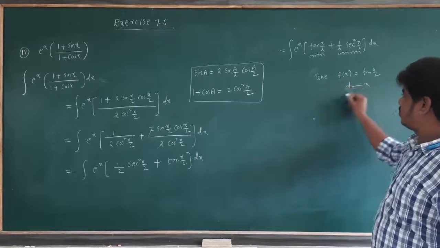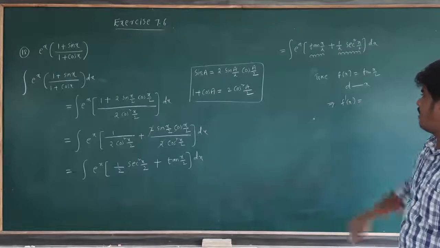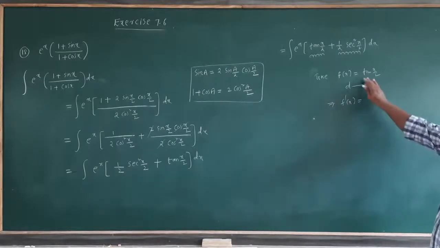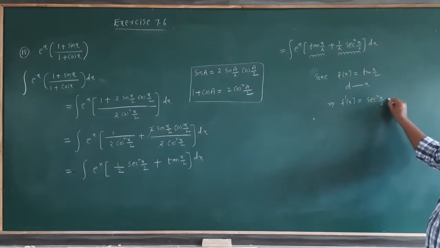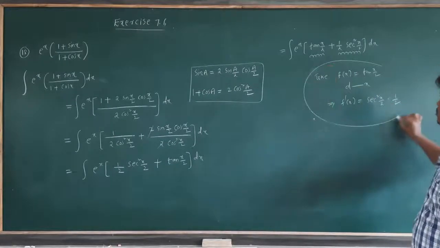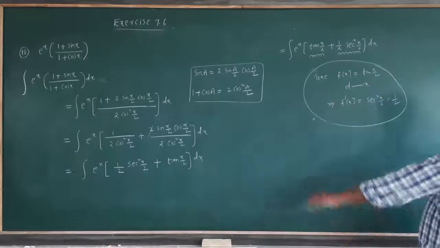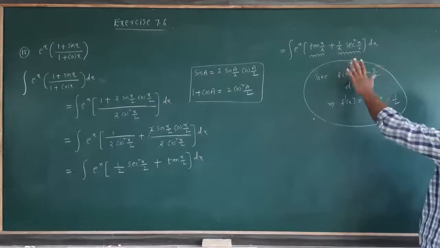Differentiate both sides with respect to x. The derivative of f of x is f dash of x. The derivative of tan(x/2) is secant square (x/2) into the derivative of x/2, that is 1/2. So once again, the first one we took as f of x, the second one automatically became f dash of x.